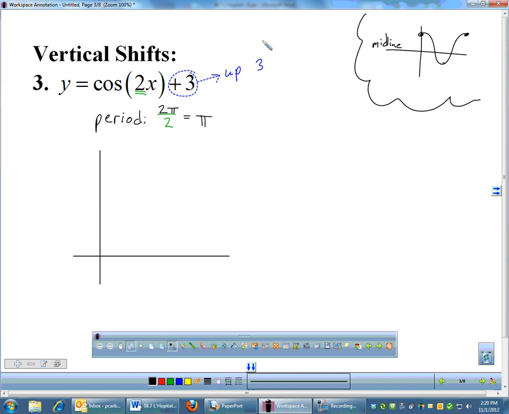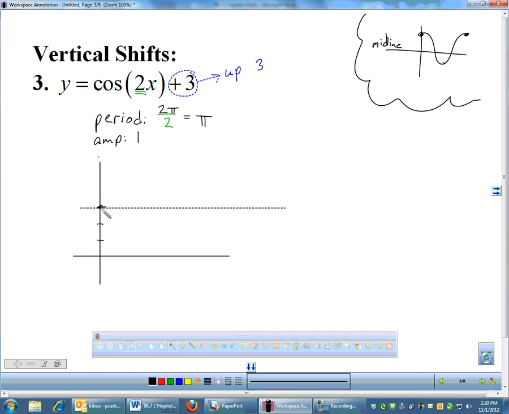If I shift up 3, then that midline is going to jump up to y equals 3. I'll put a little dotted line at y equals 3, and I treat this almost like it's the new x-axis. Since my amplitude is 1, remember the amplitude is the coefficient in front, which in this case is 1.